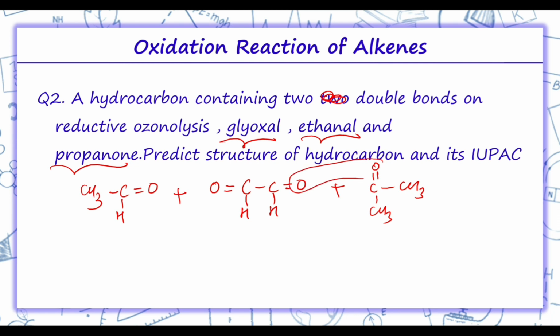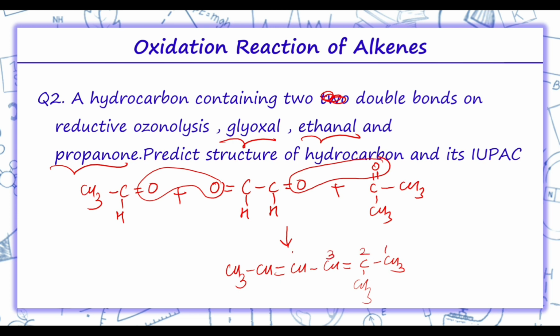Now these oxygens will be removed again, and we will get the alkene. So we will combine it, and we will get CH3CH=CH-CH=C(CH3)CH3. So the name of this compound will be 1, 2, 3, 4, 5, 6, 2-methylhex-2,4-diene.